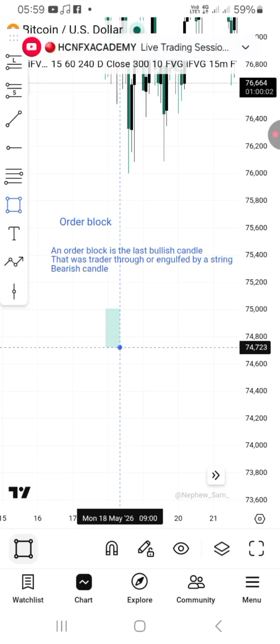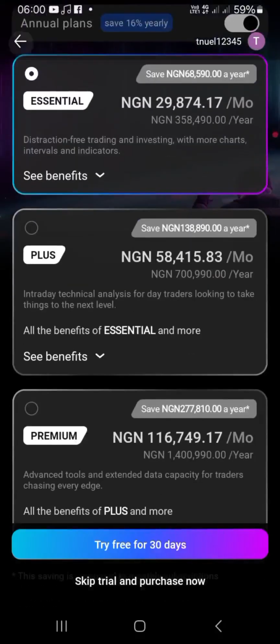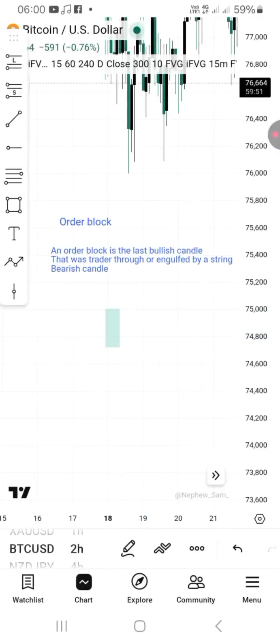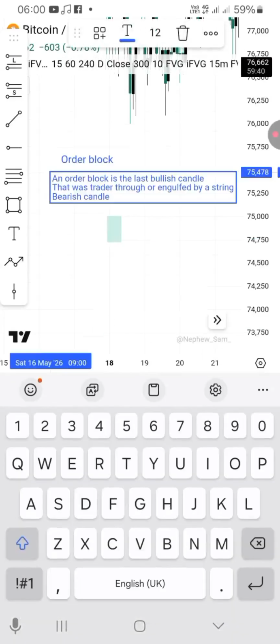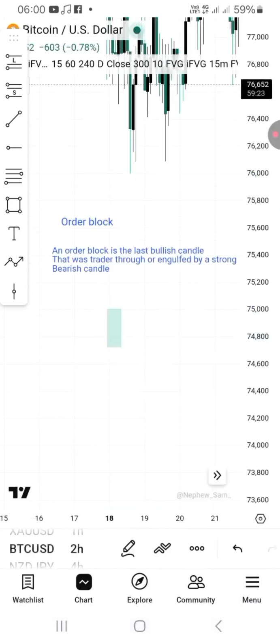Now in a bearish market, if you're looking at our definition, it says that an order block is a bullish candle that was traded through or engulfed by a strong bearish candle.